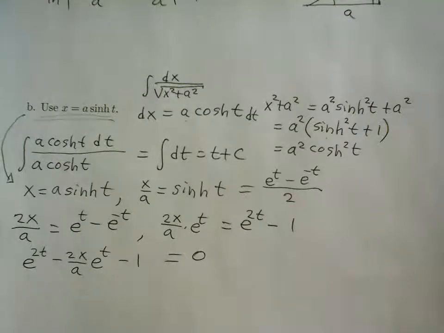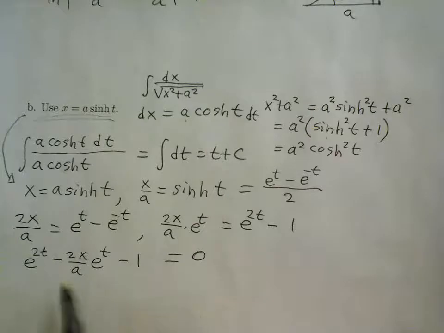What we have is an equation that is quadratic in form. So the term on the left is e to the t squared. The middle term is minus a constant times e to the t, and then minus a constant. So it's quadratic in form.